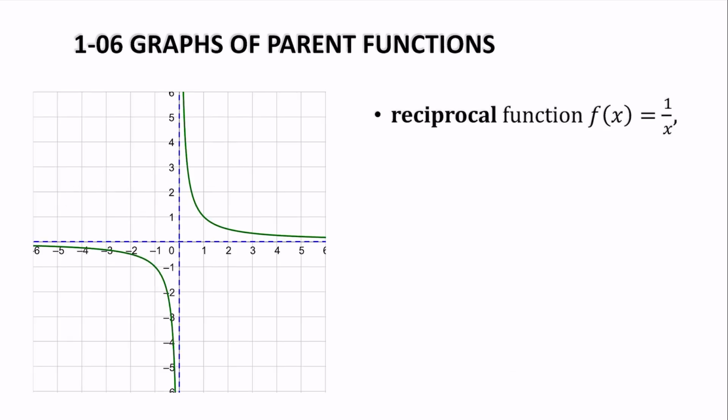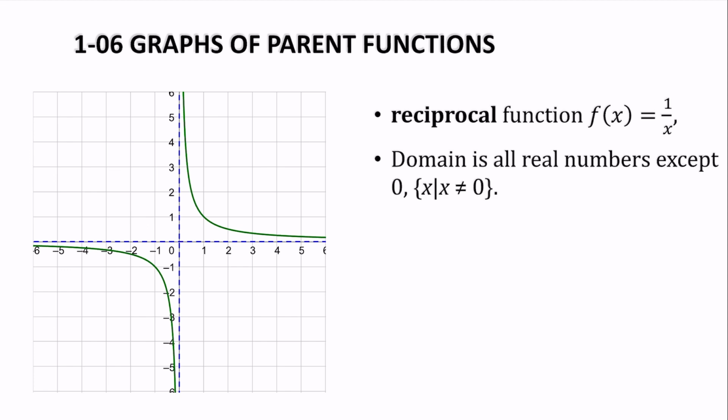The reciprocal function, f of x equals 1 over x. It has two asymptotes, the blue dotted lines in the graph. Those are lines that a graph approaches at the edges of the graph. So notice we cannot divide by 0, so the domain will be everything except for 0.